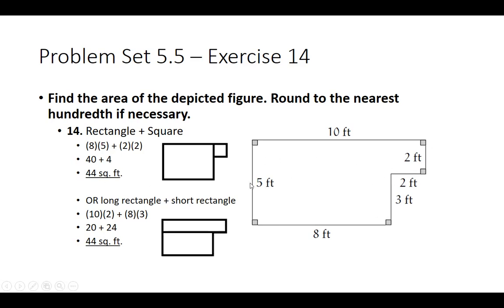Or if you use the long rectangle and the short rectangle, the long rectangle would be 10 by 2, and 10 times 2 is 20. The short rectangle would be 8 by 3, and 8 times 3 is 24. Adding those up, 20 plus 24 also gives you the correct answer of 44 square feet.